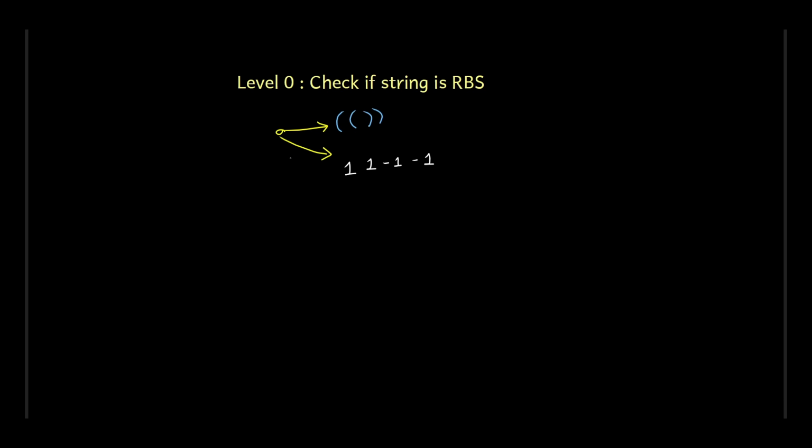And then what is the necessary as well as sufficient condition for this integer array to represent a valid RBS? So some of you might know that there are 2 conditions, right? So first of all, I'll write down the boring conditions. These are the standard conditions that you usually apply, where you track the running sum.